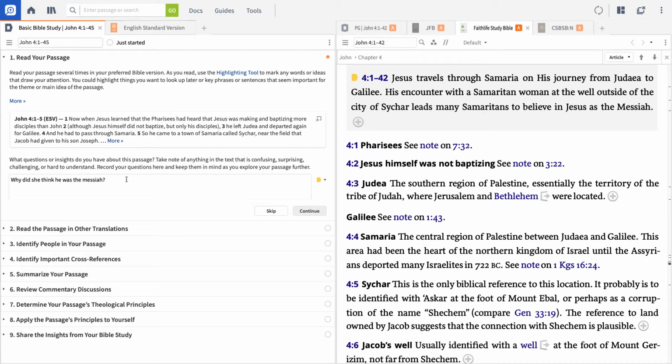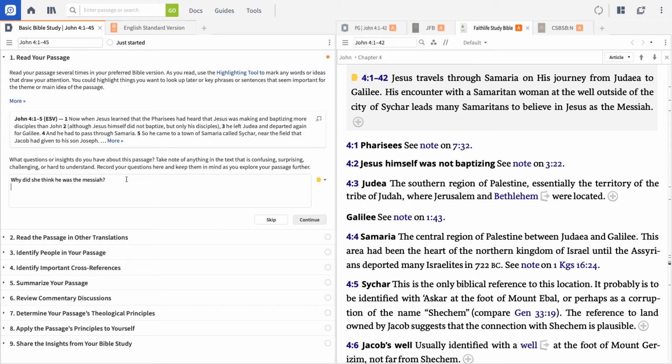See, why did she think he was the Messiah? And that's a question that might be easy to answer. I would say, definitely, I think what Jesus is offering transcends demographics.